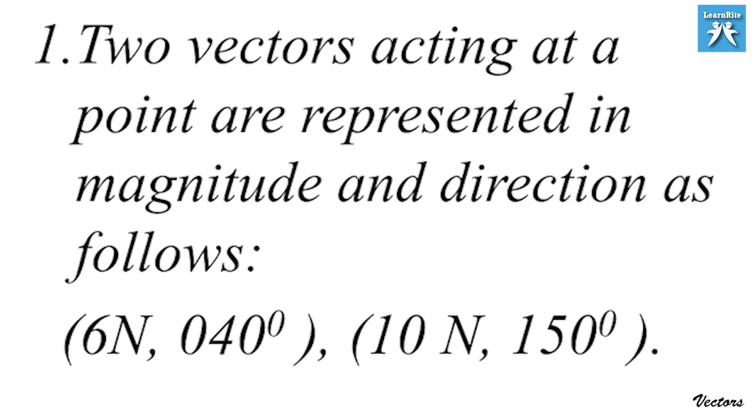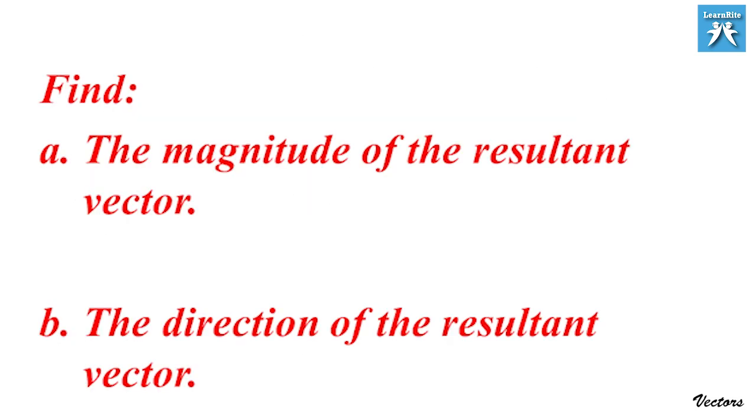6 newtons, 040 degrees, that is in bearing, and the other one is 10 newtons, 150 degrees, all put together in a bracket. Now, find, the A part of the question: the magnitude of the resultant vector.